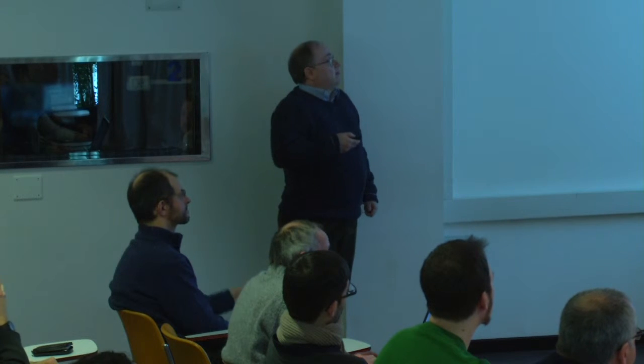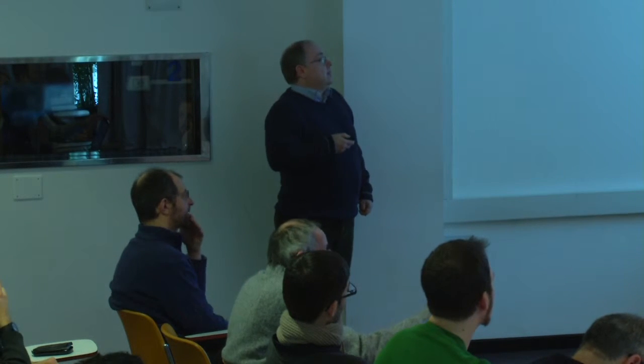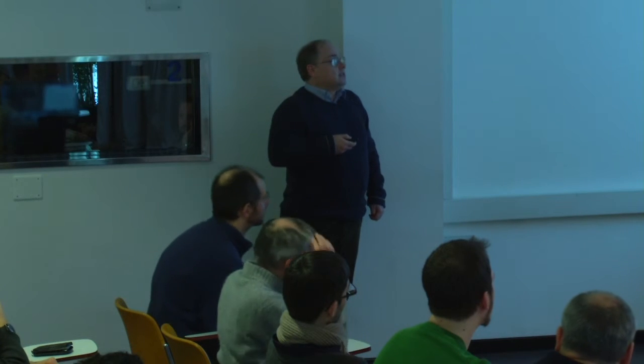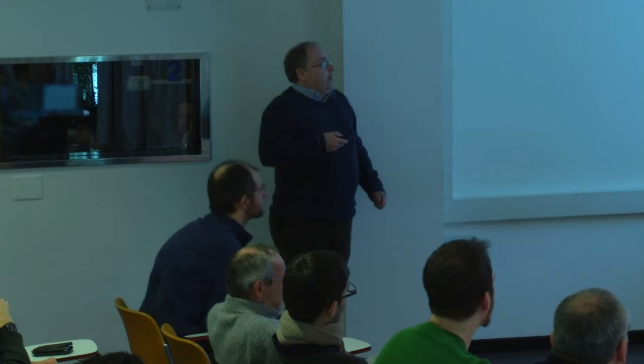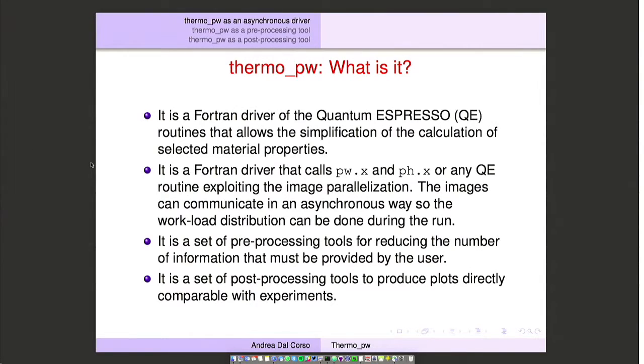What thermo-PW can do is send these images in an asynchronous way. When an image has finished its task, it can communicate to a master image that it can do other work, and the master image can give the work at runtime.